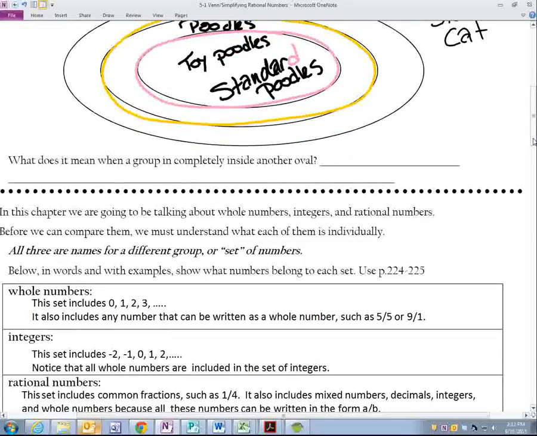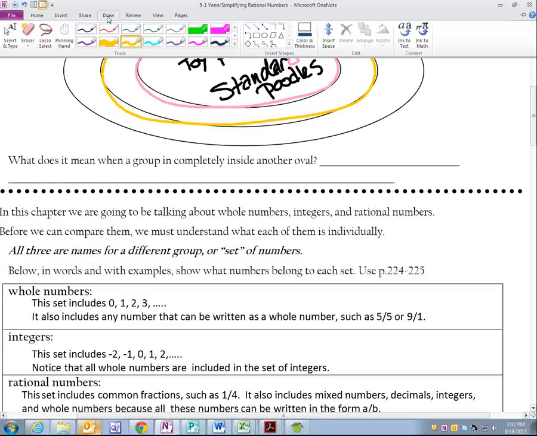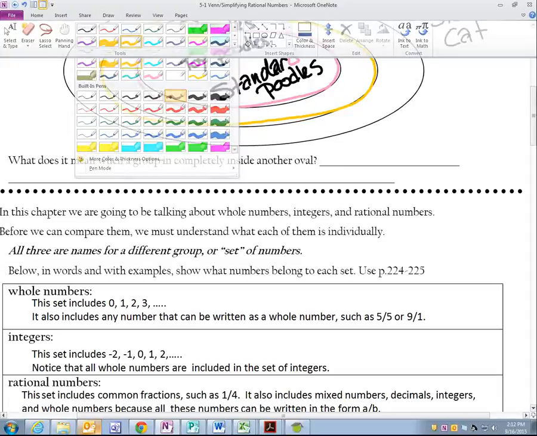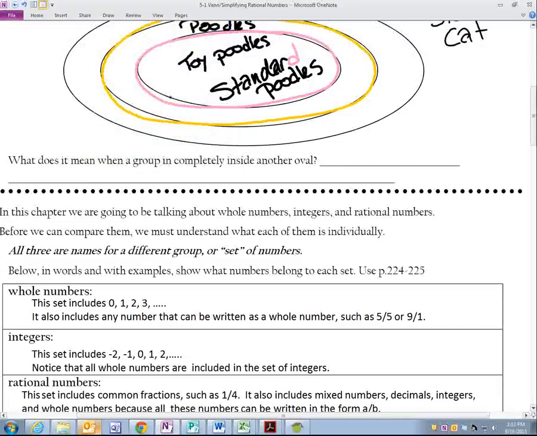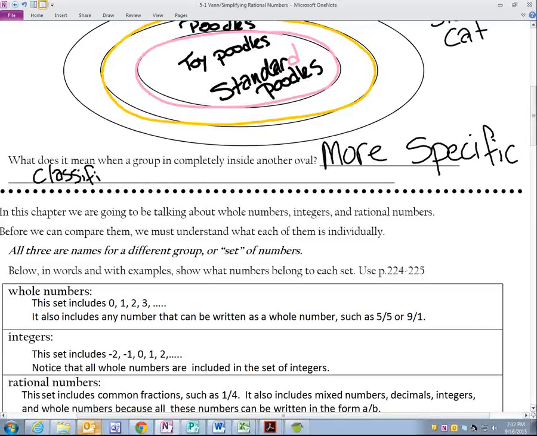Yes, that's exactly it. It is a more specific classification.